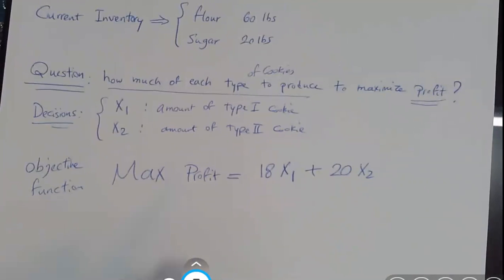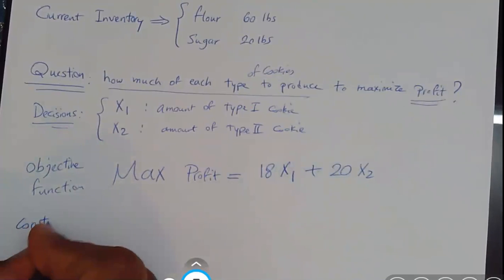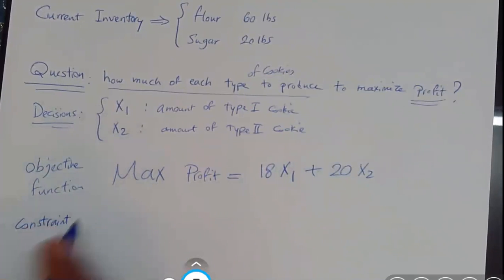it's not just the objective function that we should care about. Other than the objective function, there are the constraints. The decision that we make should be realistic, right?